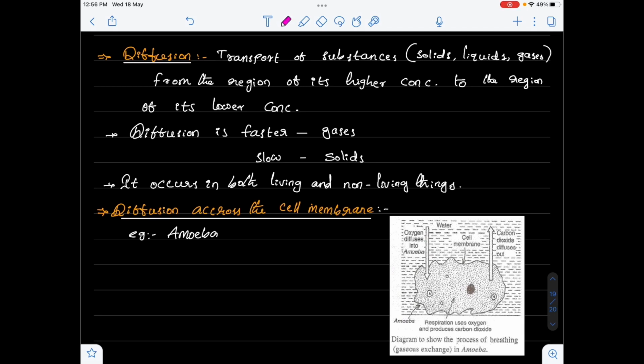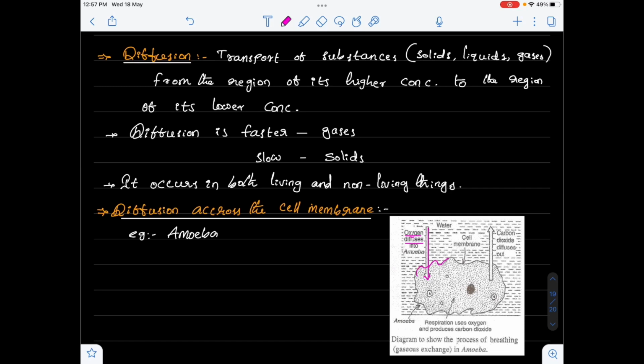In water, gases are present in dissolved state. So in the aquatic region the oxygen is present in dissolved state, and this amoeba requires oxygen to perform respiration. So the oxygen present in water moves from its higher concentration to lower concentration by the simple diffusion process.